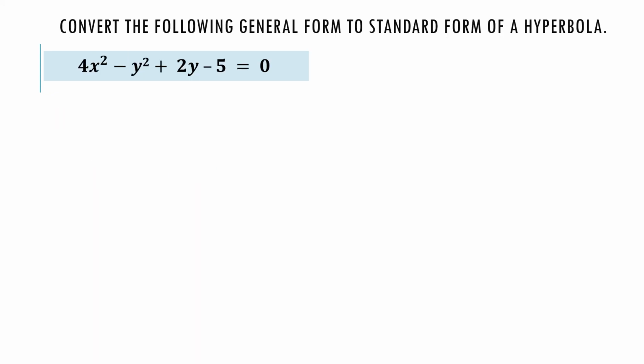Now, let's move to conversion from general to standard. We are given 4x^2 - y^2 + 2y - 5 = 0. So, first is rearrange yung terms according to the variable na kasama. Sama-sama lahat ng may x, sama-sama lahat ng may y.